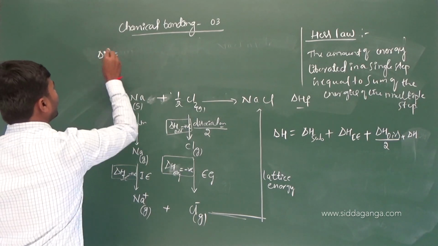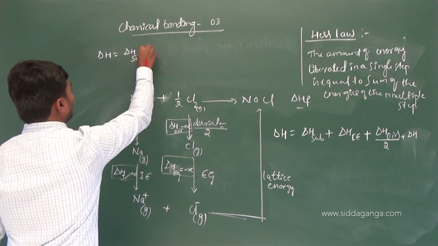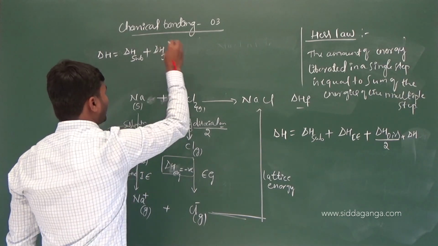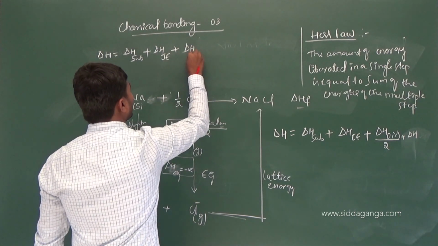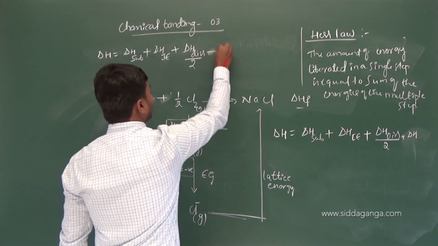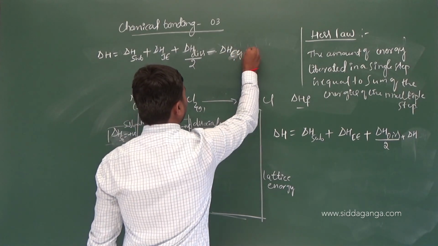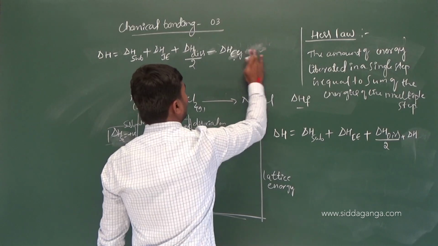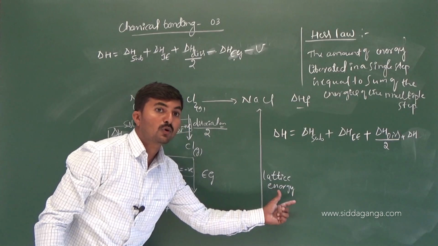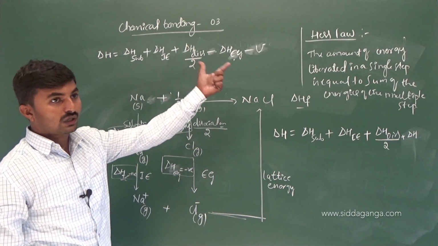Delta H is equal to, first delta H sublimation followed by delta H ionization energy followed by delta H dissociation energy, that is divided by 2, followed by delta H electron gain enthalpy plus U, or it is minus U, because lattice energy is the amount of energy released, so it is exothermic in nature.